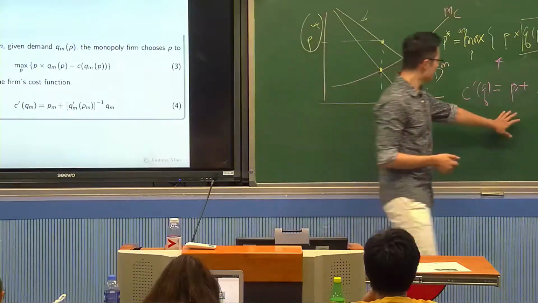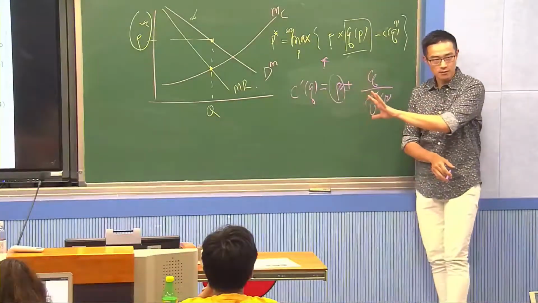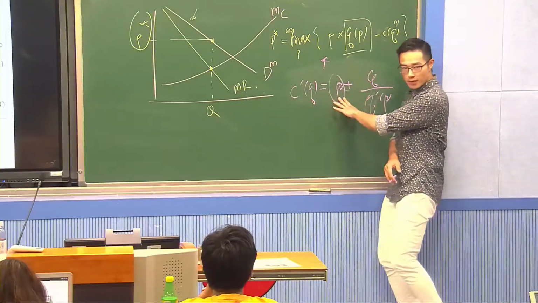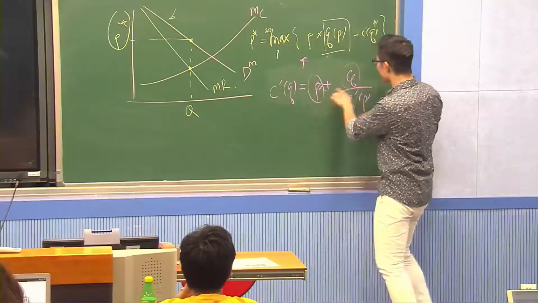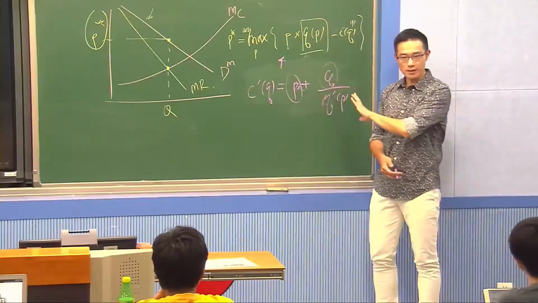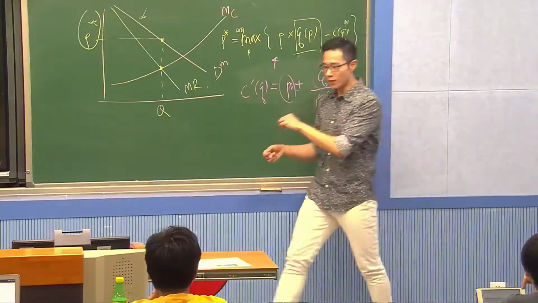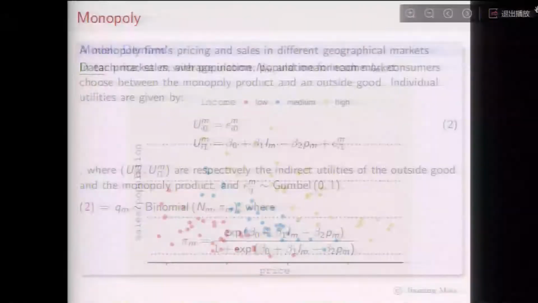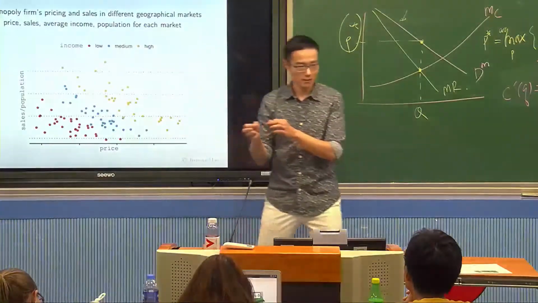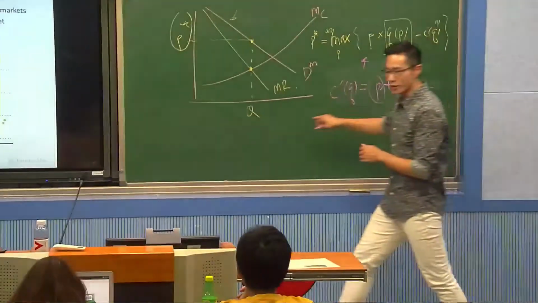Now behold, what happens here is this P is the optimal P. Now we assume it's the optimal price. This Q is the quantity, the sales at this optimal price. Now I'm going to say right now that this optimal price is indeed the price we observe in the data. Okay? I'm going to assume that each price here is an optimal price set by the monopoly. So this price we already observe.